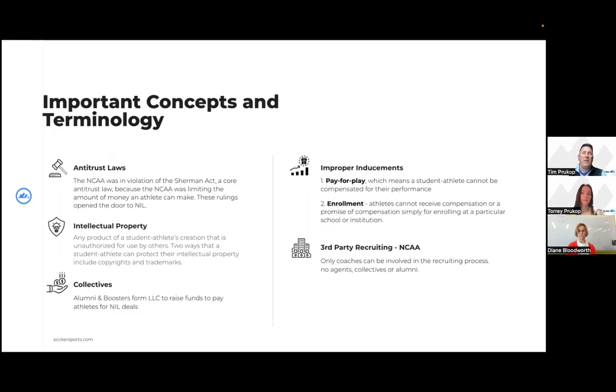As a high school student athlete, whether you're being recruited at the college level or not, there are some core concepts to understand. Antitrust is the first concept, and where that comes into play is the Supreme Court ruled in 2021 that collegiate athletes formed a quote unquote workforce, because by them doing what they did for college athletics, they helped their universities make millions of dollars.